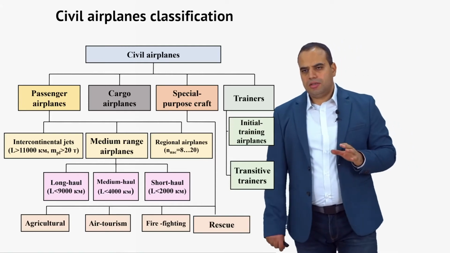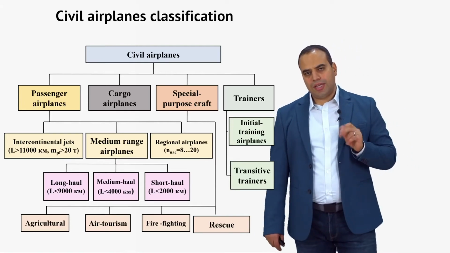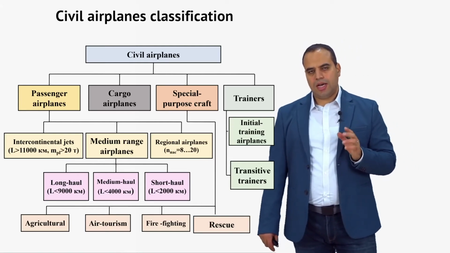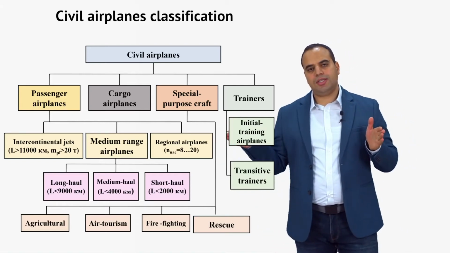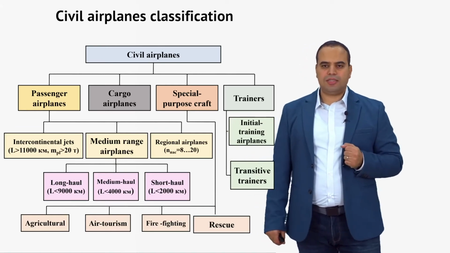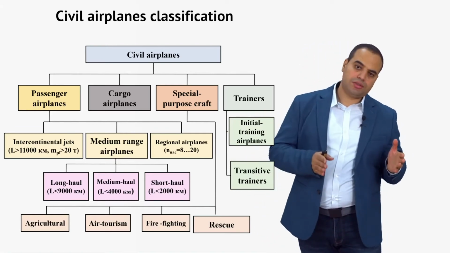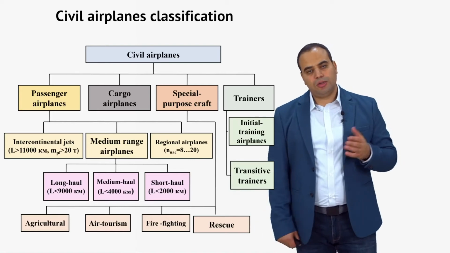Depending on basically three things: the flight speed, the flight altitude, and also the flight range, right, the distance that the aircraft can cover, we can also classify passenger airlines into intercontinental jets with over 11,000 kilometers of range.